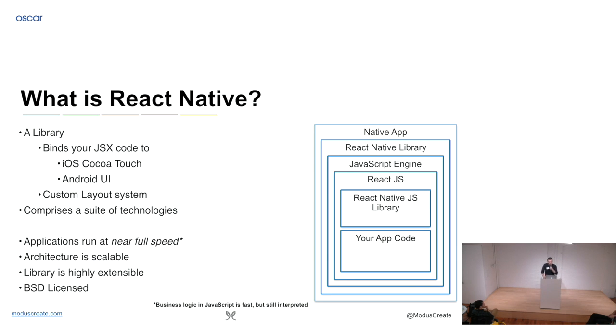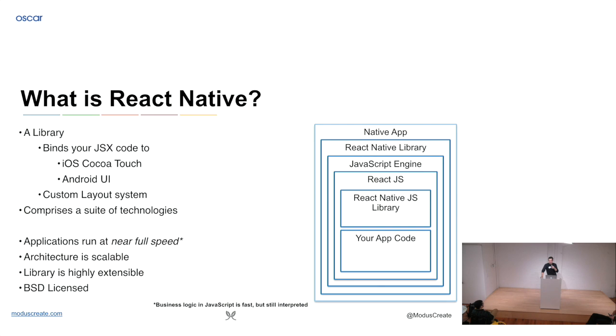I don't know what they call it these days. It has a custom layout system that's been rewritten probably 3 times already. Every time getting faster and faster. Custom animation system that's also getting faster and faster. And then it has a whole suite of technologies that it uses. If you look at the dependencies, you might as well just go crazy, but it's cool. The applications run at near full speed.